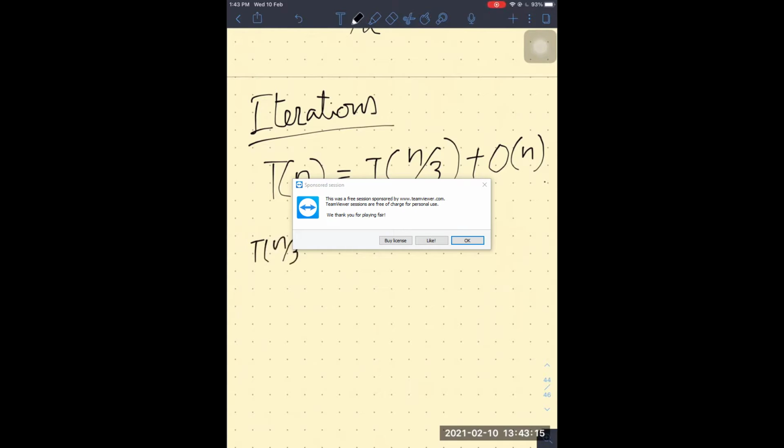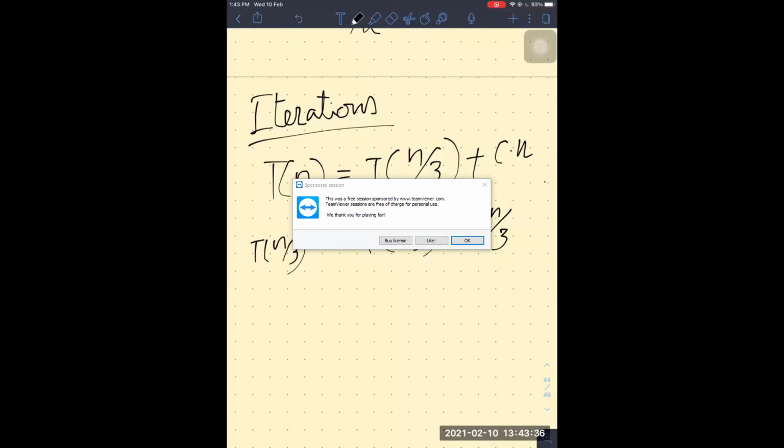T(n/3) will be T(n/3 squared) plus c times n/3. We are writing this big-O of n as c times n, which are the same thing.